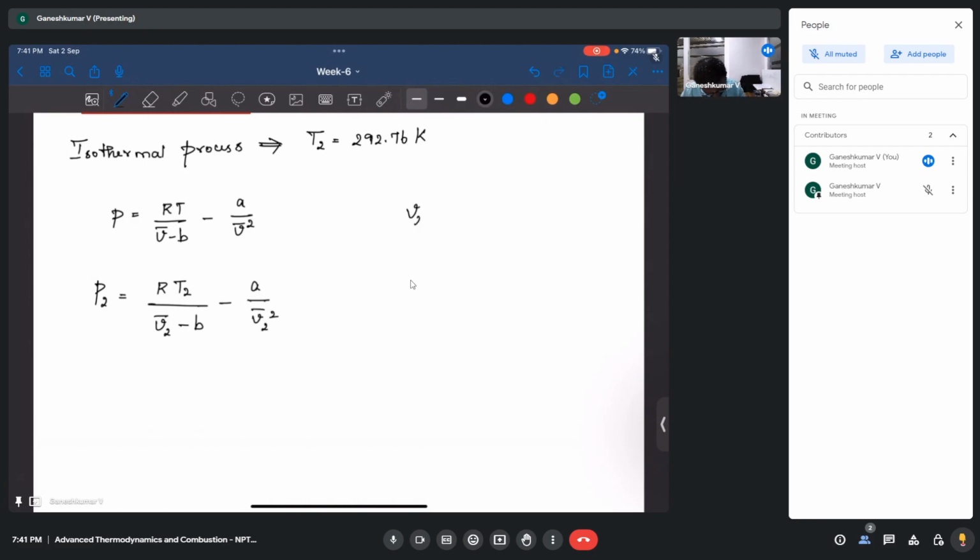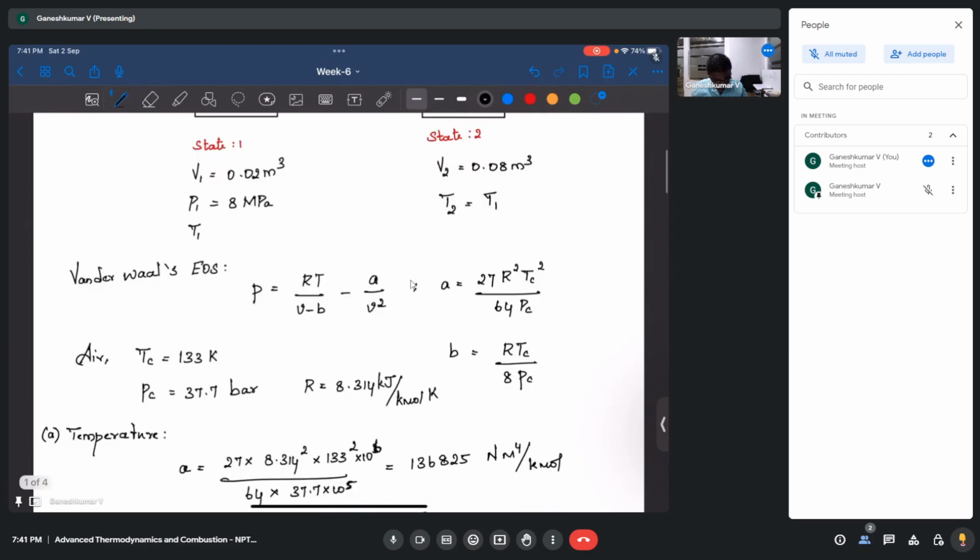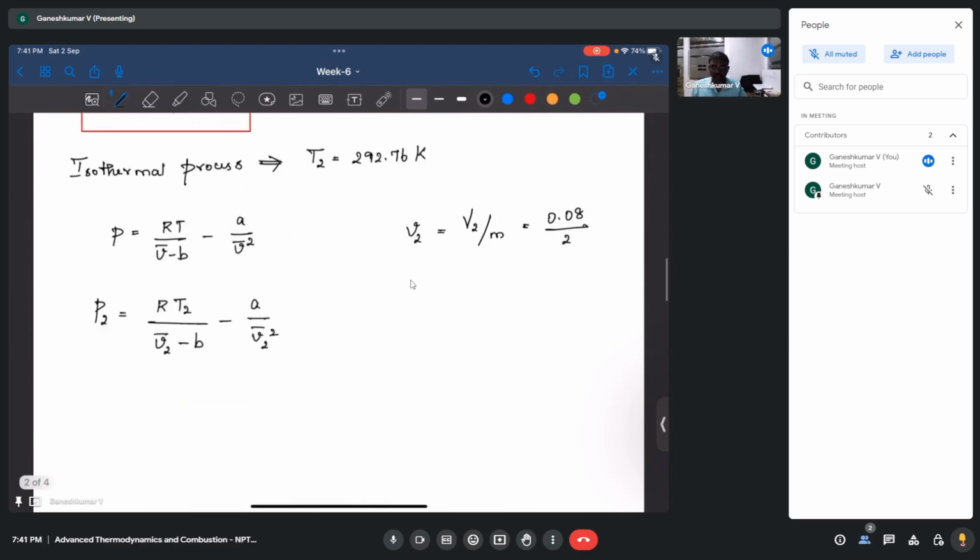Let's find V2. V2 is nothing but the final volume by mass, which is going to be 0.08 by 2, which is 0.04 meter cube per kg.